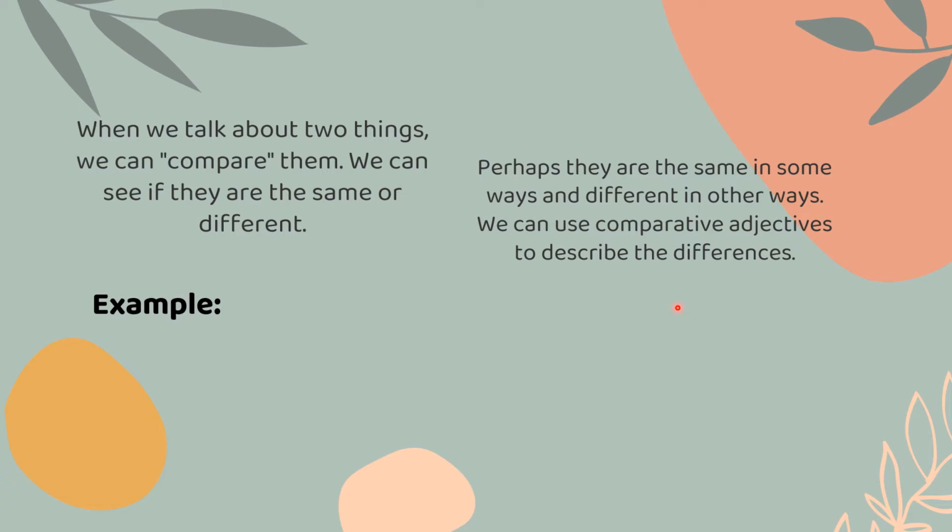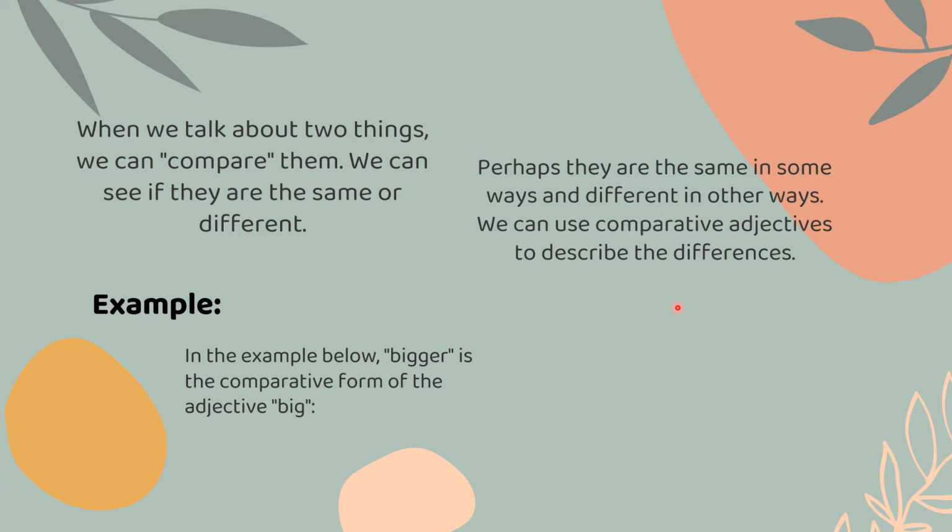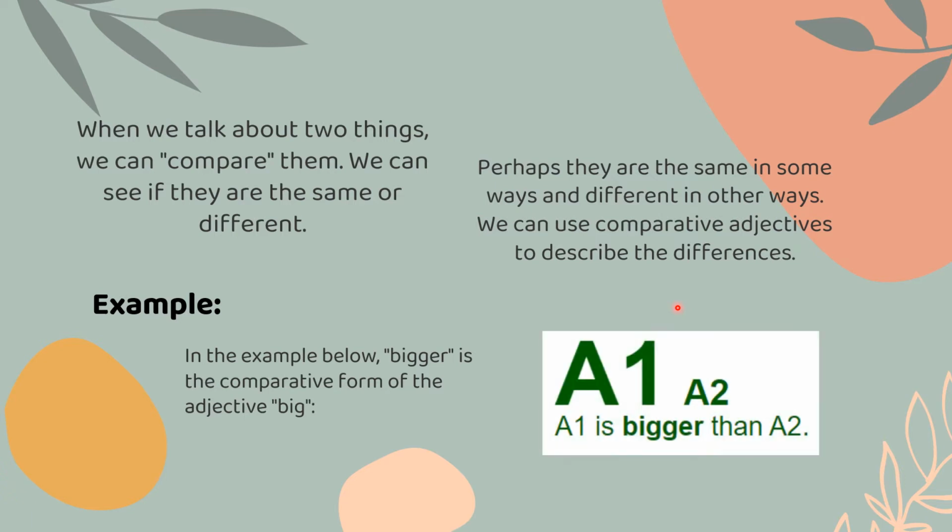In the example below, bigger is the comparative form of the adjective big. We have some more examples. A1 is bigger than A2.